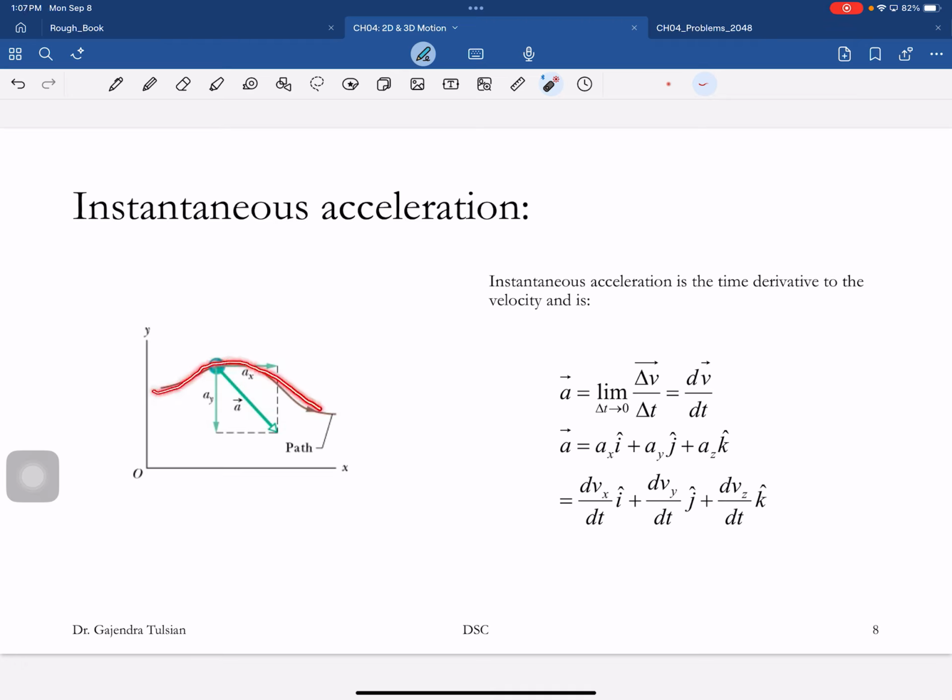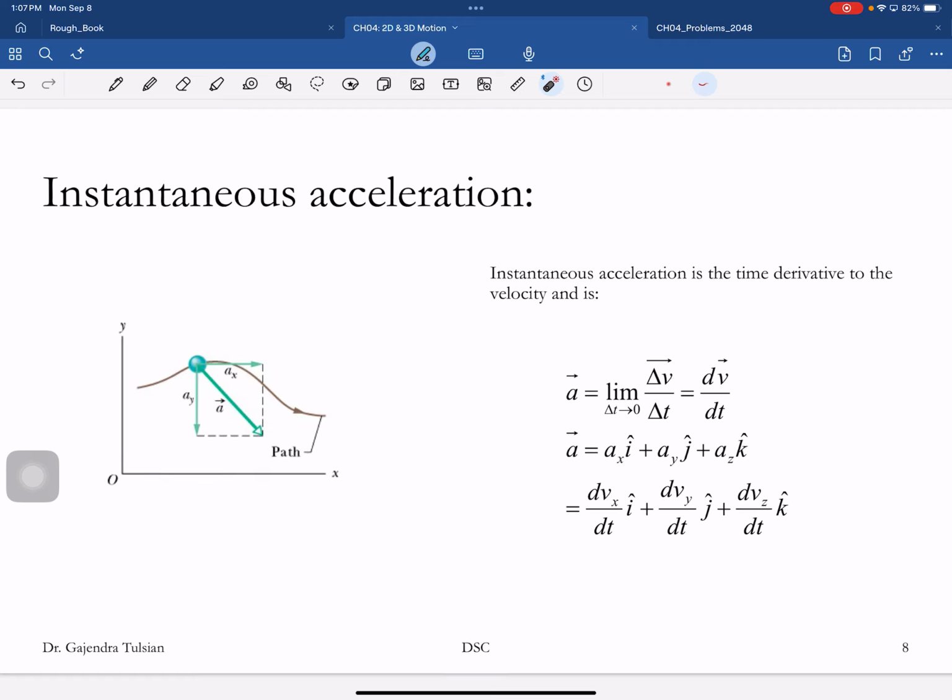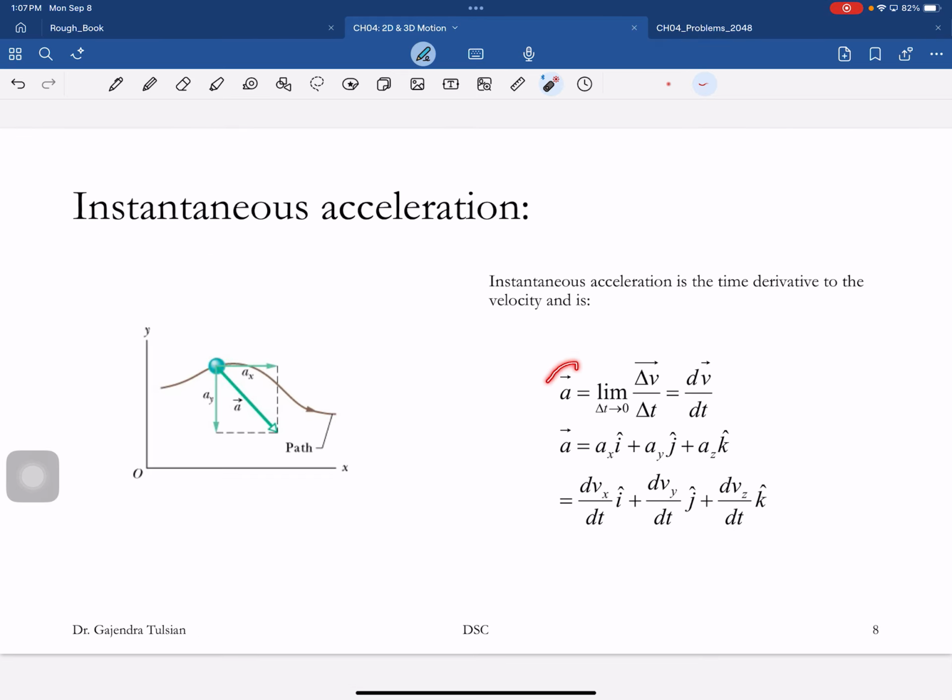So on a curved path, generally, the tangential acceleration arises from your speed changing, and your centripetal acceleration is because of the direction of the velocity changing. All right. So anyway, your instantaneous acceleration is dv by dt, which is dvx by dt. Here's your instantaneous acceleration.